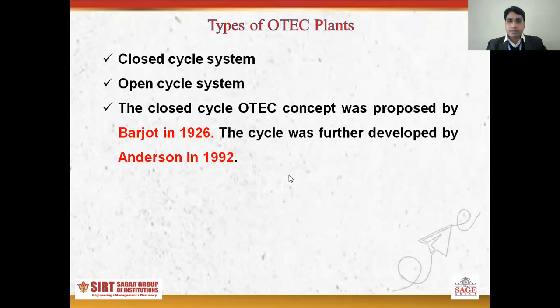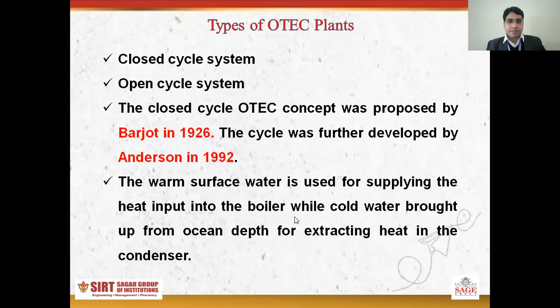The closed cycle system concept was proposed by Bhopal in 1926, and it was further developed by Anderson in 1992. It is based on warm surface water used for supplying the heat input into the boiler, while cold water brought up from the ocean depth is used for extracting heat in the condenser. So this is the closed cycle ocean thermal energy conversion plant.